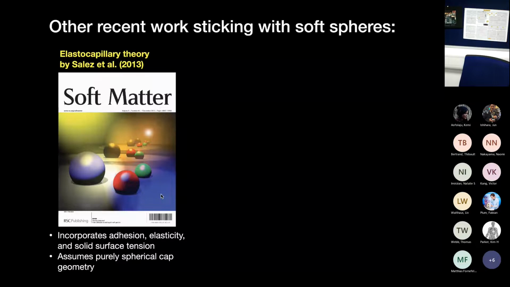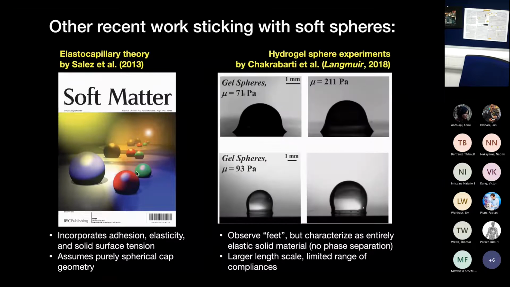And this incorporates adhesion, elasticity, and the solid surface tension to make predictions for how these things will adhere as a function of their material properties. And importantly, it assumes a perfectly spherical cap geometry, so that they always will look like this. Even more recently, there was an experimental study by Aditi Chakrabarty and Manoj Chaudhuri looking at hydrogel spheres of pretty large length scale and quite low modulus, over a bit of a limited range of stiffnesses.